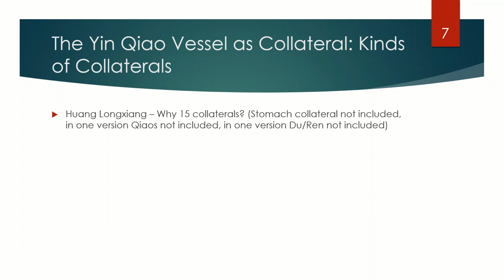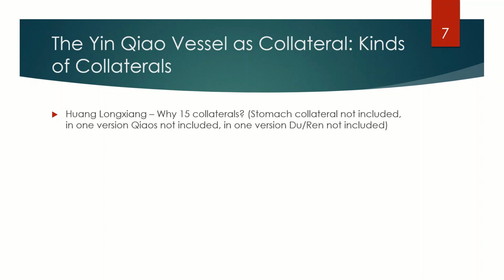This is why Huang Longxiang concludes that the collaterals are not limited to 15. 15 is not an arbitrary number, but it's a number that satisfies certain philosophical and numerical aesthetics. And actually, there are quite a few other important collaterals.